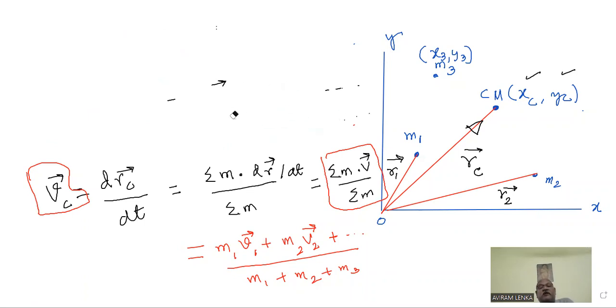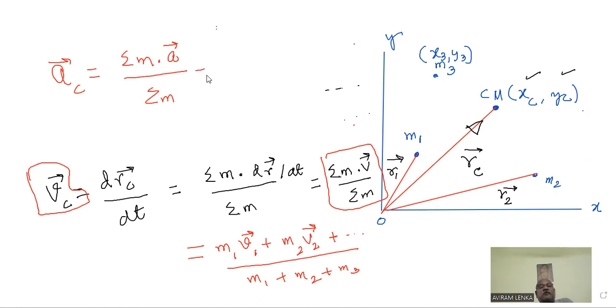If the masses are accelerating, then obviously we cannot expect our center of mass to not accelerate. So the acceleration of center of mass aC will be, in the same style, sigma m into a vector by sigma m.